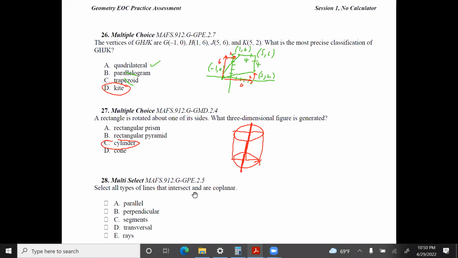Number 28, select all types of lines that intersect and are coplanar. Well, parallel never intersect. Perpendicular lines are going to be on the same plane.